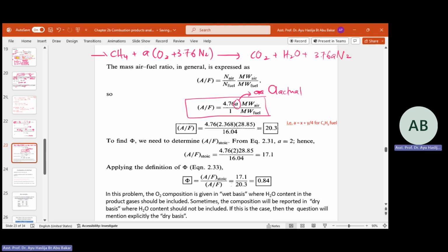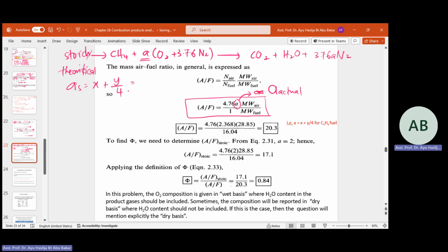Okay, this is stoic, or the term is theoretical. So how do we get this A stoic? Remember? From the formula. Yes, 5.14. If it is stoic we can directly find it using the equation. If actual, we cannot. Okay, this is A stoic.